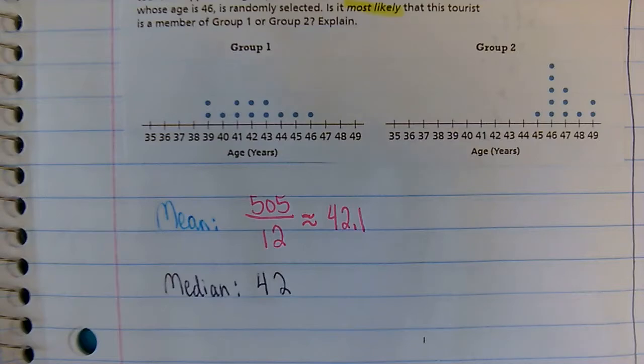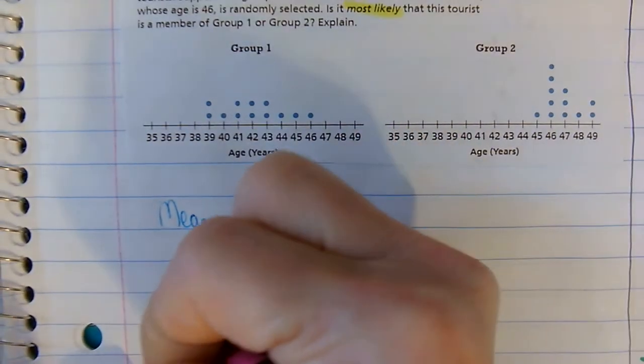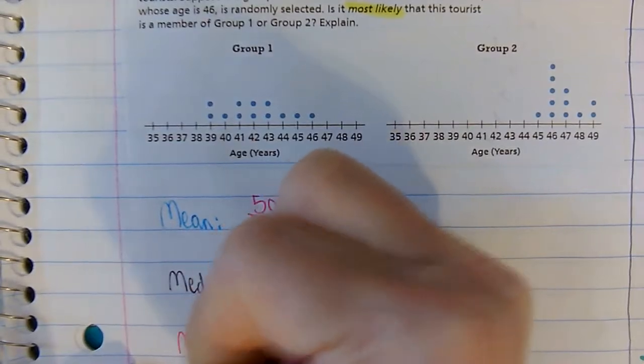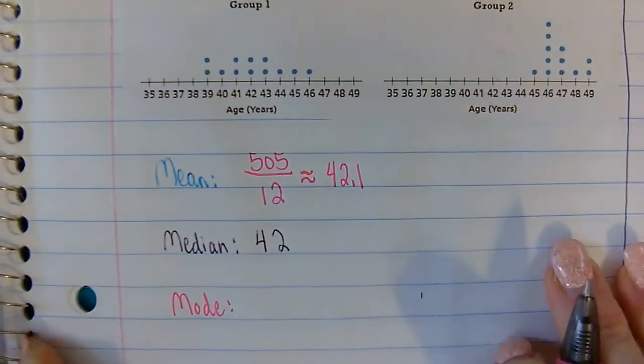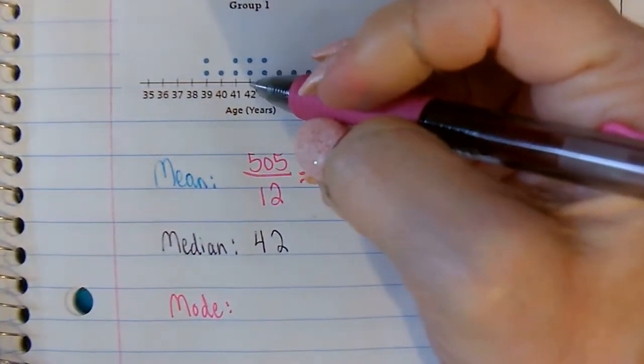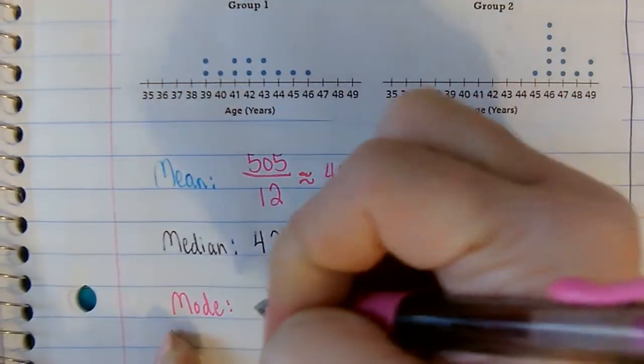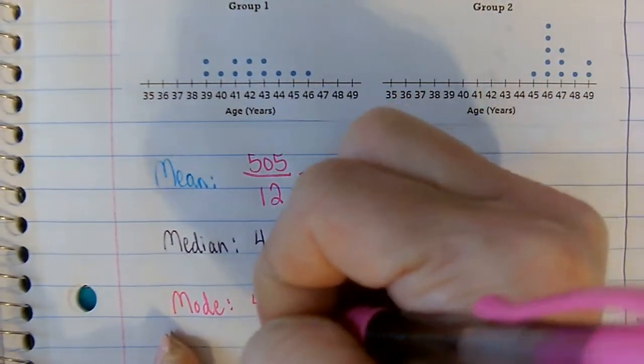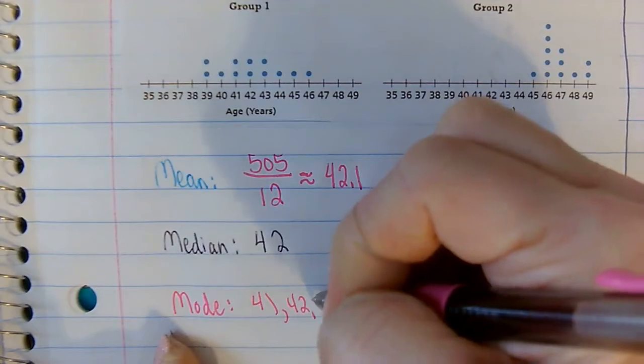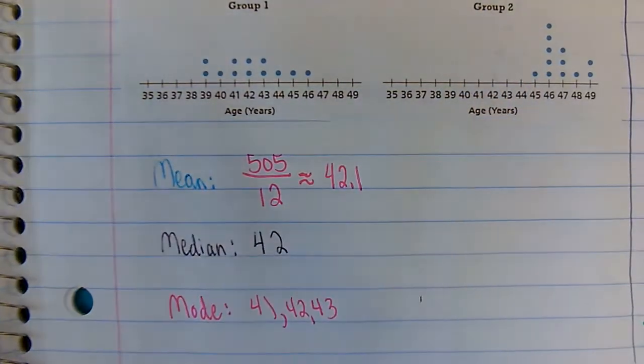And last but not least, the mode, which is the number that repeats the most. Let's look here. Actually, there are 3 numbers that repeat the same amount, so there are 3 modes. 41, 42, and 43 all have the same amount. Let's look at the next set of data.